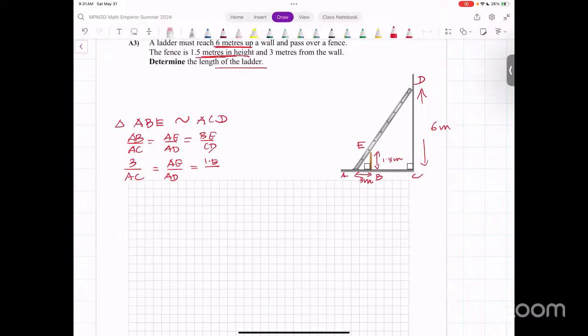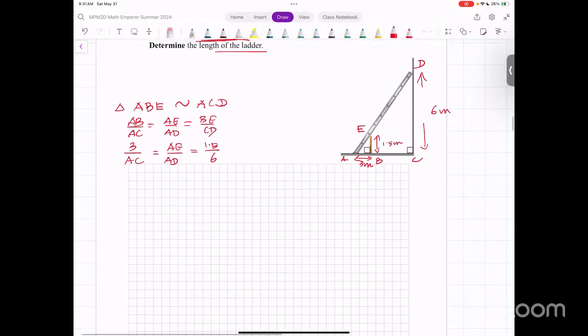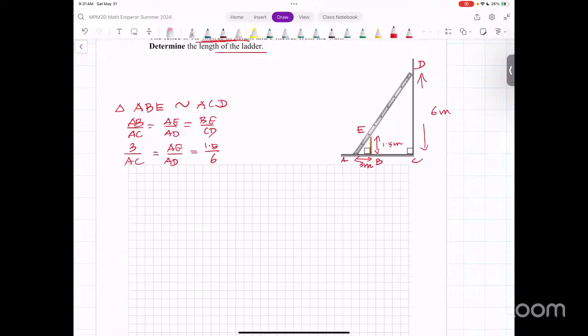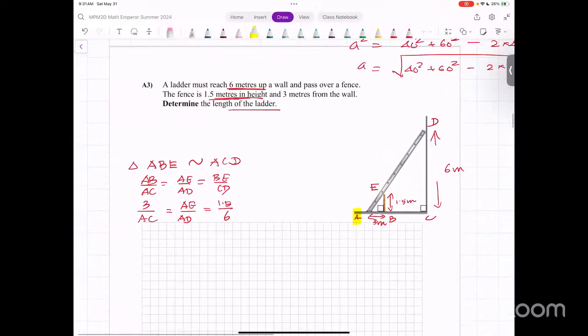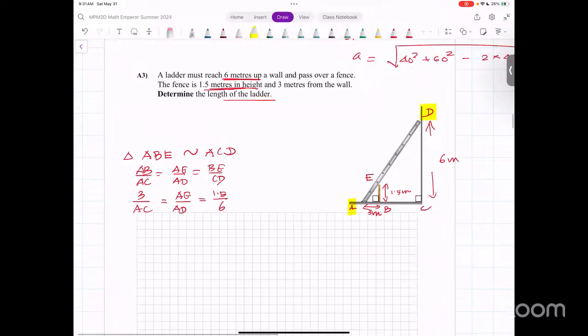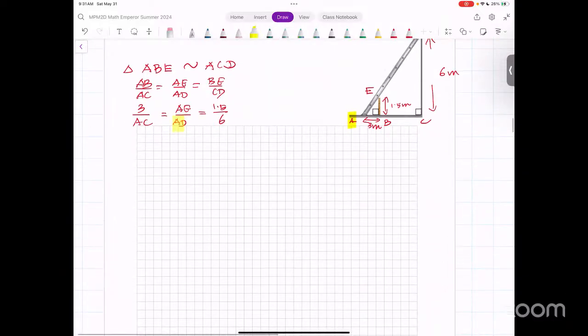So CD is 6. Now the question wants you to find AD, the length of the ladder, so I need to use this ratio. AE over AD is 1.5 over 6. But we don't know AE. The only way to solve the problem is if you know AE. Kritik, how do I find AE?